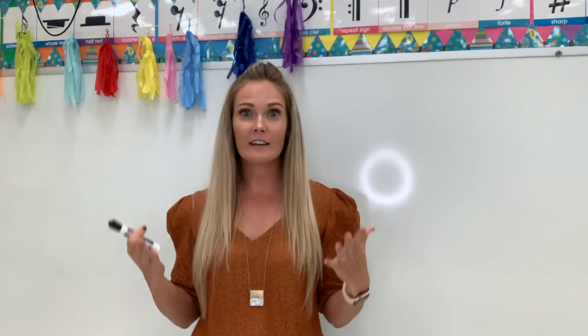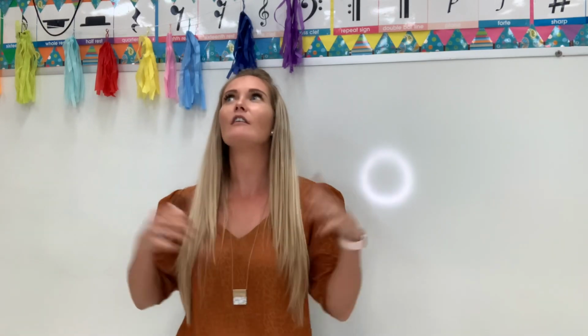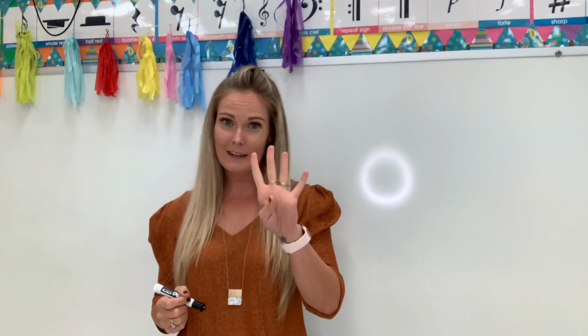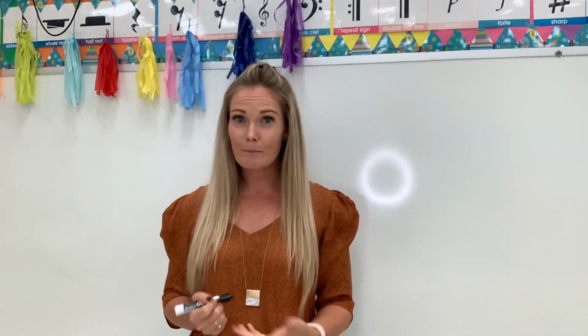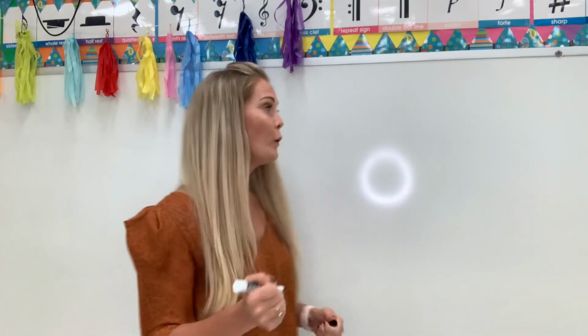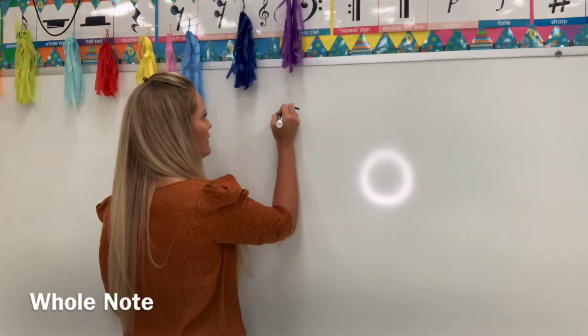All right, so we're gonna get started by learning about the longest note in music. The longest note. How many beats do you think the longest note in music would get? Some of you might have thought, oh, 50 beats, 500 beats. But no. The longest beat in music only gets 4 beats. And the longest note in music is called a whole note. And I'm gonna draw it for you right here.